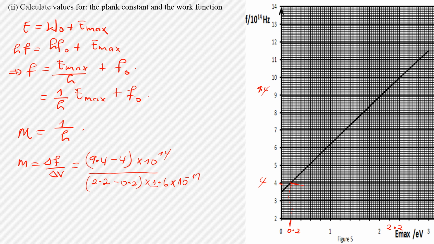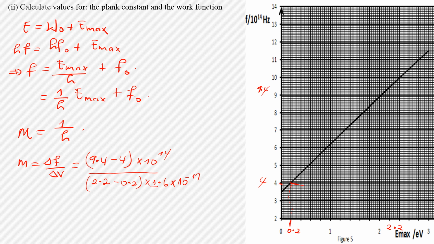So we have 9.4 minus 4 times 10 raised to the power 14 divided by 2 times 1.6 times 10 raised to the negative 19.